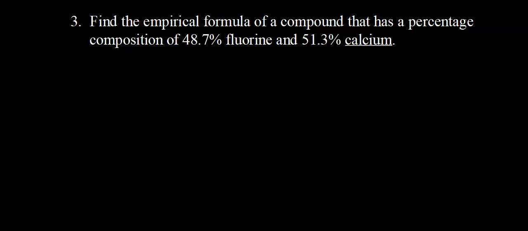Well, since 48.7% of the compound's mass comes from fluorine, if you had 100 grams of the compound, you would have 48.7 grams. And in 100 grams of this compound, how many grams would be calcium? That would be 51.3 grams.